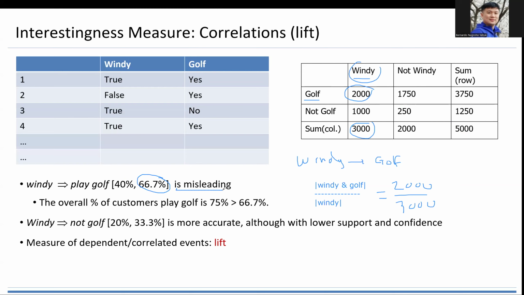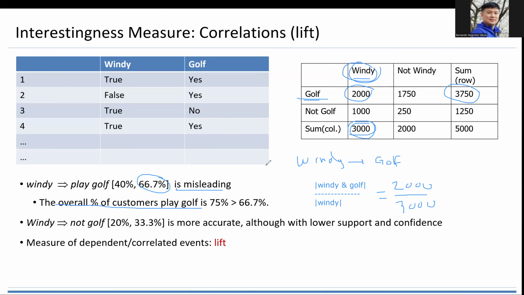Why? Overall, the number of customers who play golf is 3750. But there are 3,000 data when it is windy.